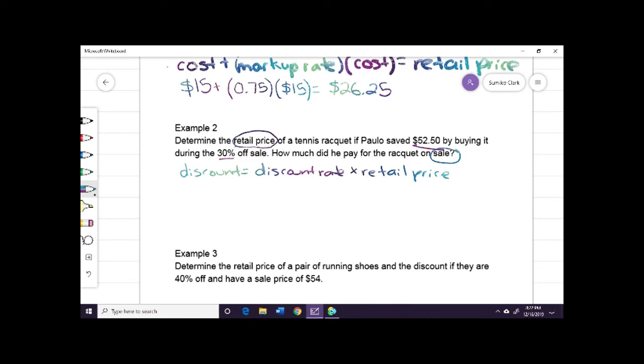So we can put the discount was $52.50, and the discount rate was 30%, converting that to a decimal, 0.3, and then times the retail price.